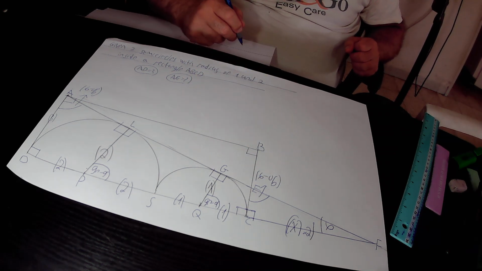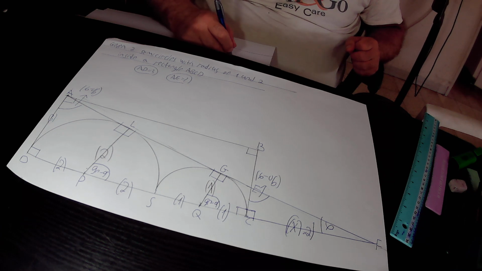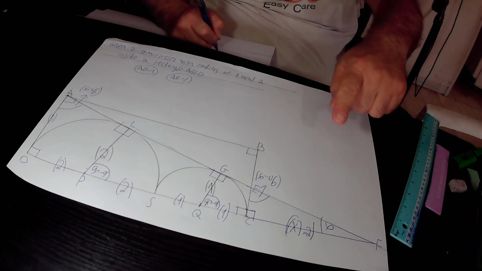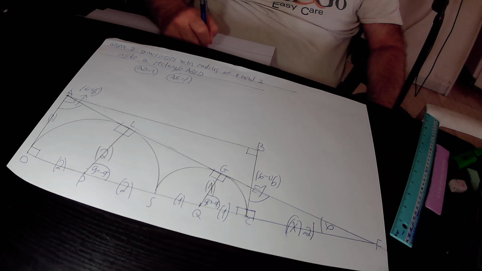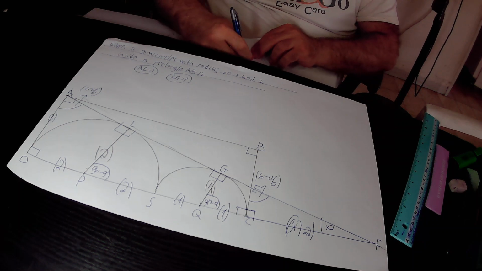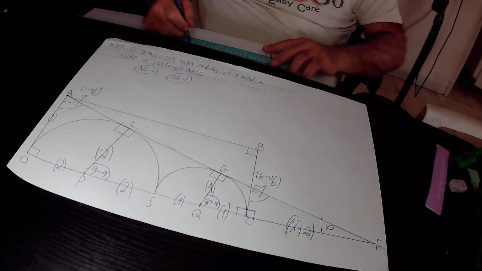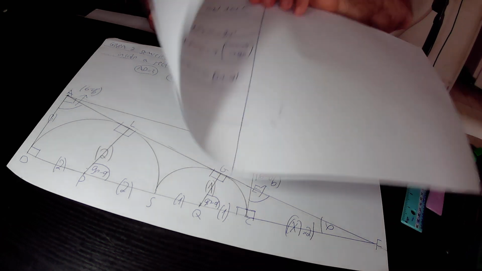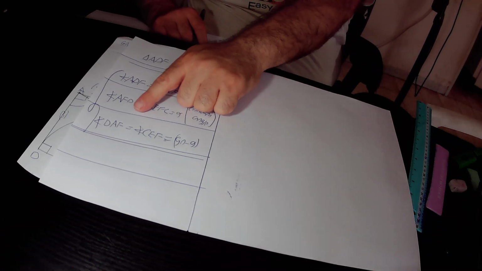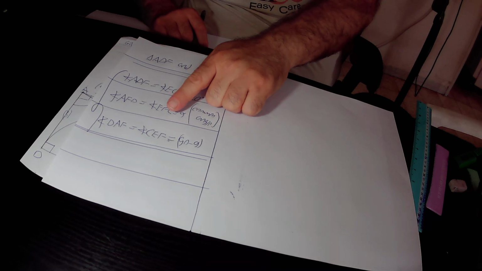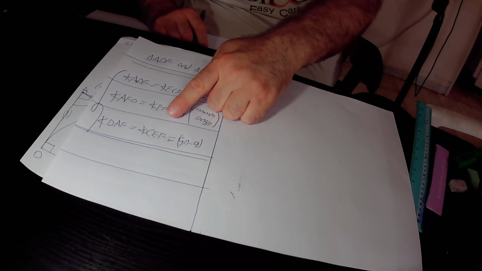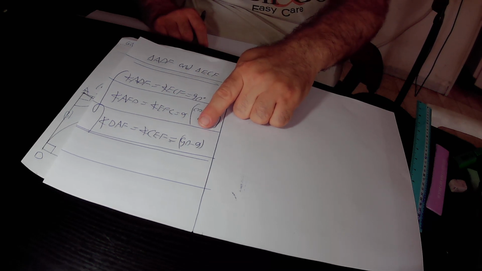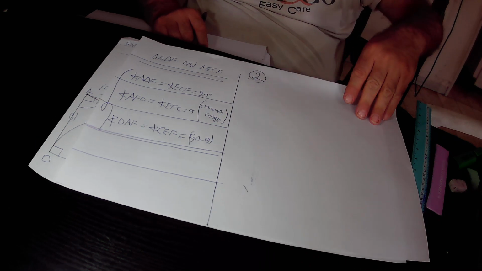This is actually angle CEF in the small right triangle EFC. So to repeat again, we found out that angle DAF in the big right triangle AFD equals angle CEF in the small right triangle EFC. They are both equal to 90 degrees minus alpha, therefore they are equal to each other.